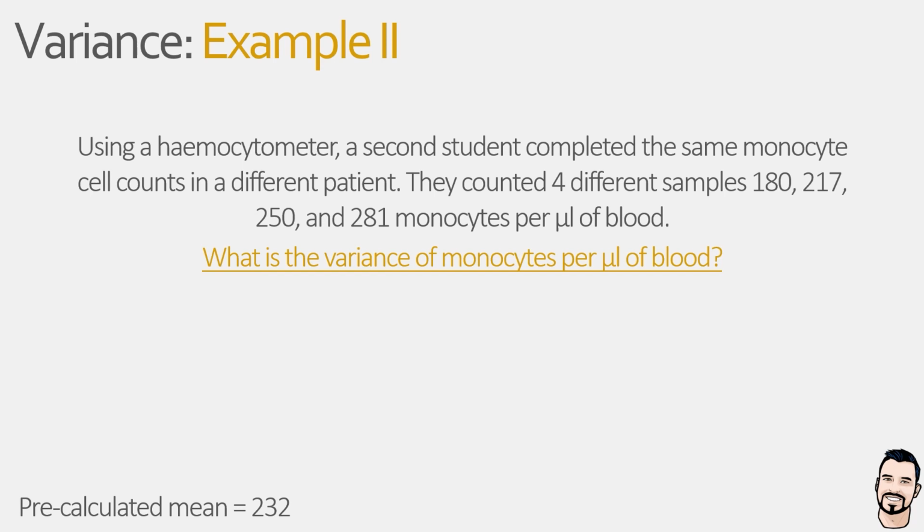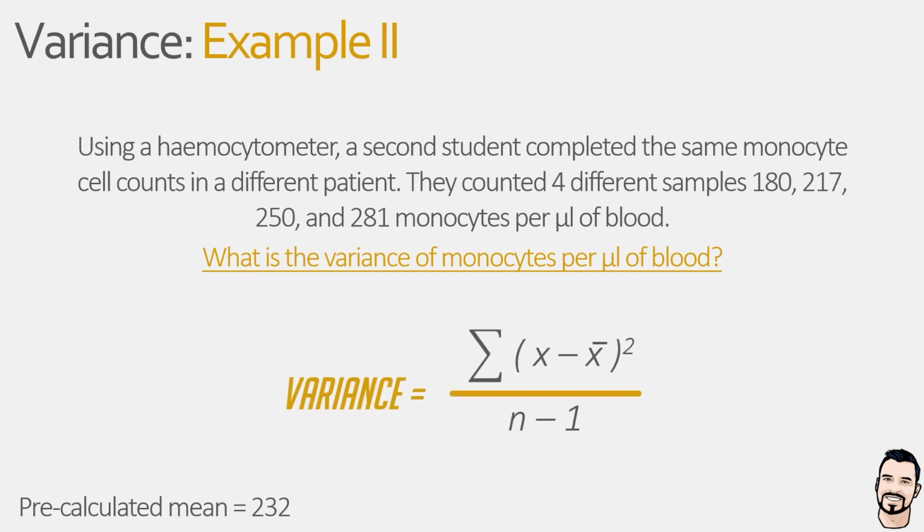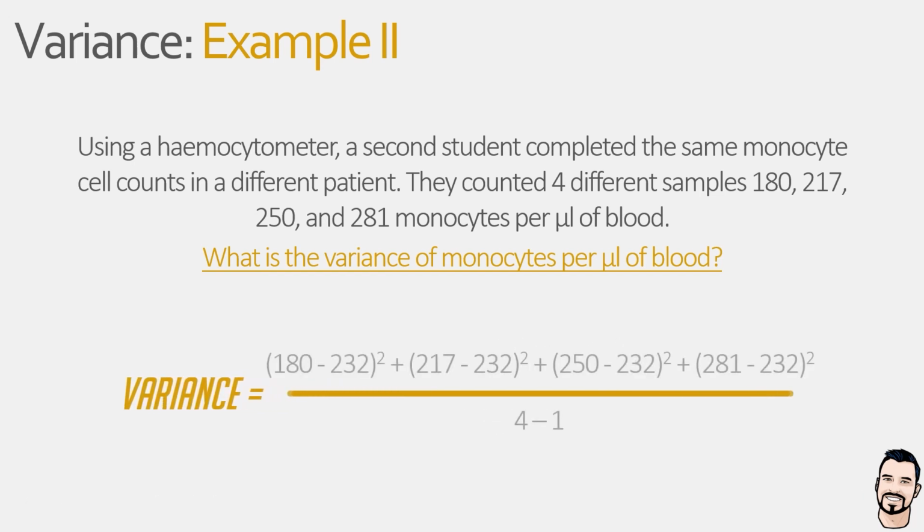Now, just like in our previous example, we are going to calculate the variance using the following equation, which can now be populated with all of the information from the question. So x minus x bar becomes our data values minus the mean data value, i.e. our deviation, repeated for each data value, and n becomes the number 4 as this is the number of data values observed.